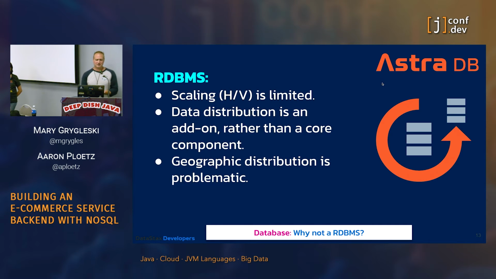All right. So why wouldn't we pick an RDBMS for this? An RDBMS is still a really great system. It has the benefit of 40-plus years of computer science behind it. But the main thing is that scalability, and I'm talking horizontal scalability, was just not a part of the original thought behind how those systems were built.